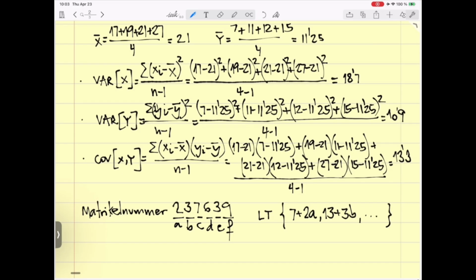Whenever you see the A, you must put 2. So 7 plus 2 times A is 11, 13 plus 3 times B is 22, and so on. In this manner, the exam has the same questions for everybody, but different numbers. This makes it more difficult to cheat.